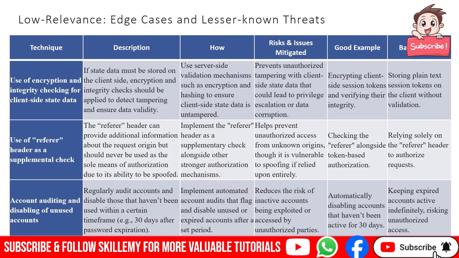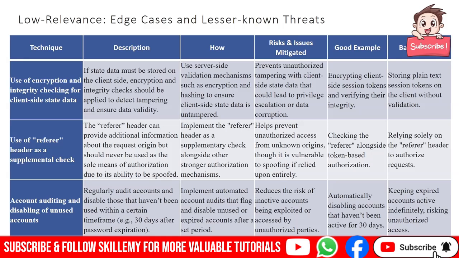First, consider the use of encryption and integrity checking for client-side state data. In some applications, it's necessary to store certain state information, like session tokens or temporary user data, on the client side. However, this poses a risk because client-side data can be manipulated by attackers. By encrypting this data and adding integrity checks, such as hashing or cryptographic signatures, we make sure that even if the data is intercepted or tampered with, it cannot be used to gain unauthorized access.